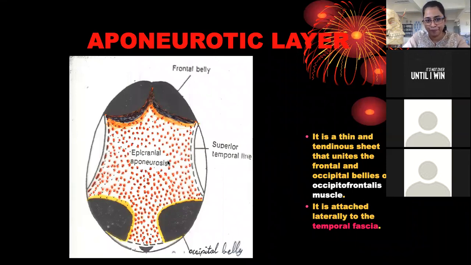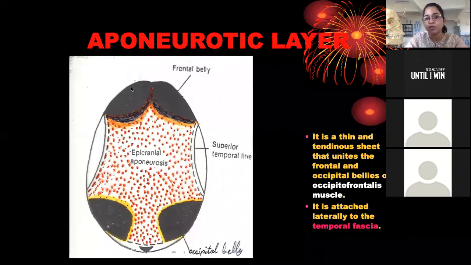Only this third layer will come as a short note question. Why? Because whenever we talk about a muscle, we have to tell where it takes attachments. What are its attachments? It means where exactly it is attached. Because it moves, right?